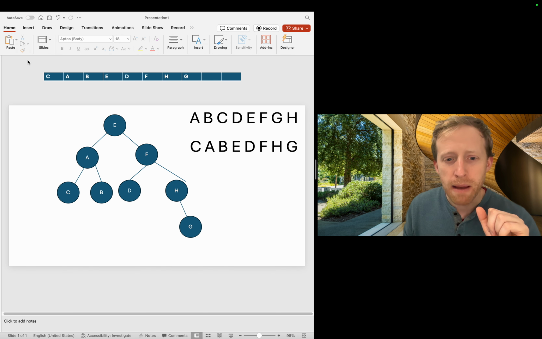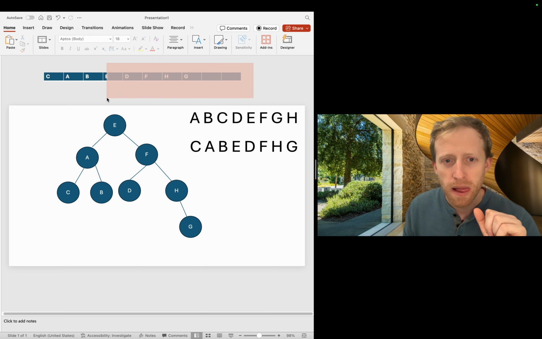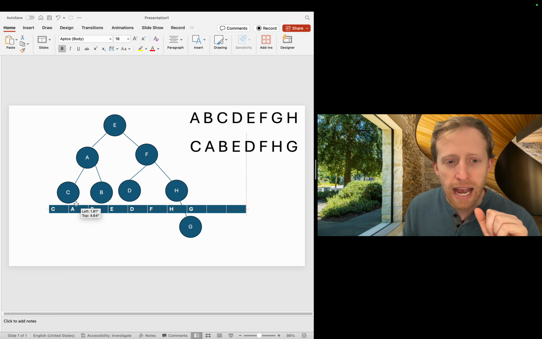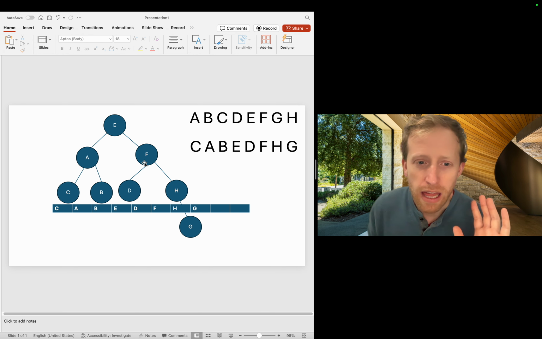If I map the array below, this actually maps one to one, right? So C is first, then A is next, then B is third, then E is fourth, then D is fifth, F is sixth, H, and then G. So that's why I chose that order.